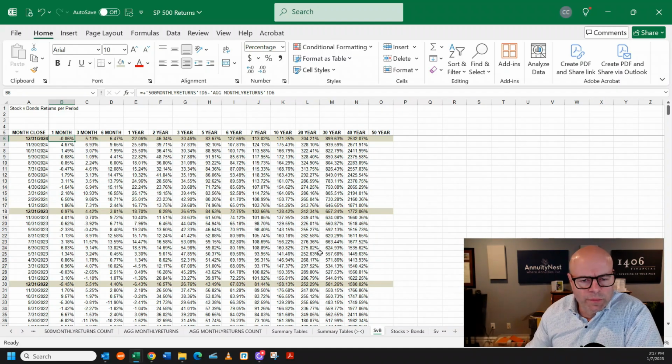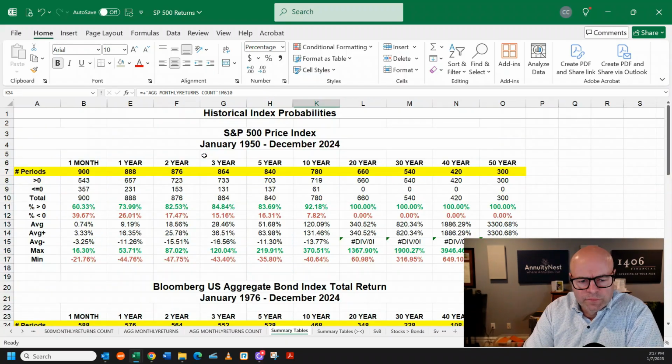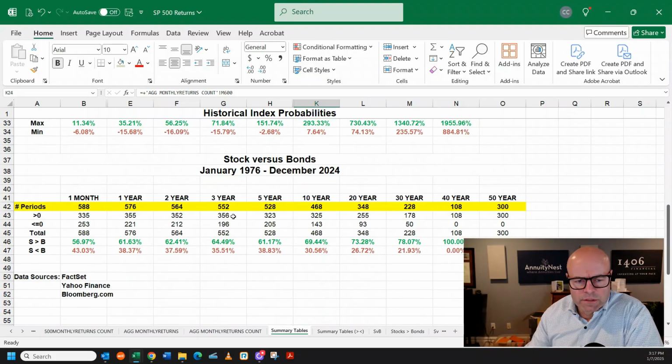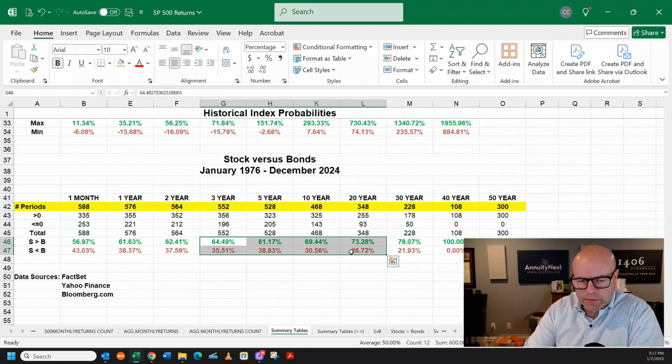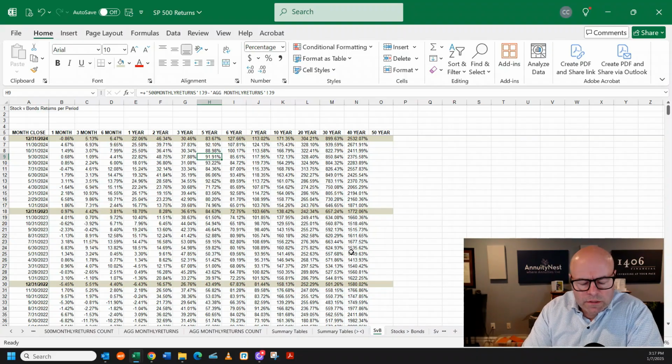So then I did cumulatively stocks versus bonds. Where we have stocks being better than bonds, say, 60 or 70% of the time, that's the frequency. But then what are the cumulative returns? What's the difference here?